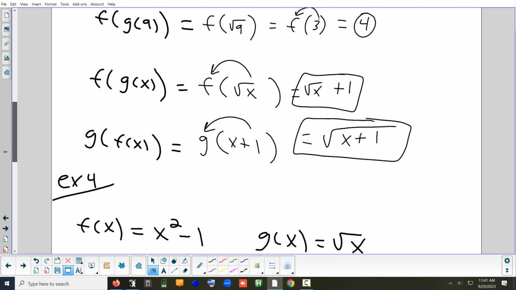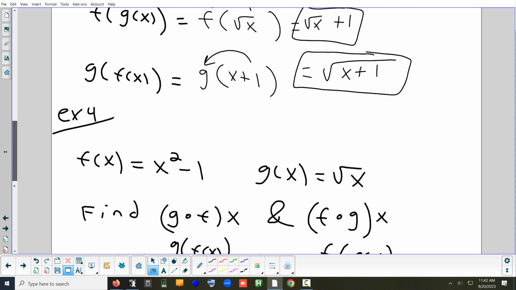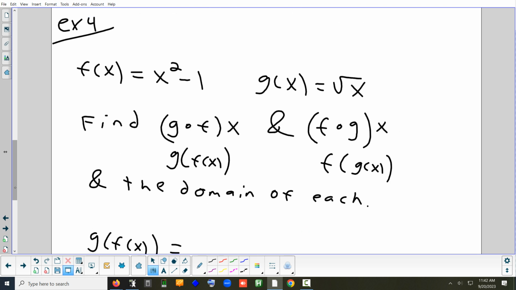Okay, let's try one now where we do the domain. I don't want to do it both ways. I just want to do the second way. So let's find f of g of x.